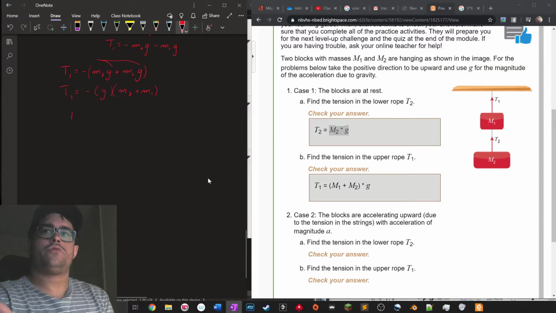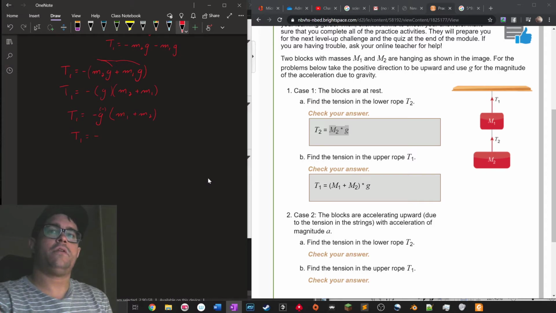We could have written minus G like this. Remember, this G is also negative. And M1 and M2, if you add them up, you can add M2 to M1, or you can add M1 to M2, right? And you can see how we can reorganize this to make more sense.